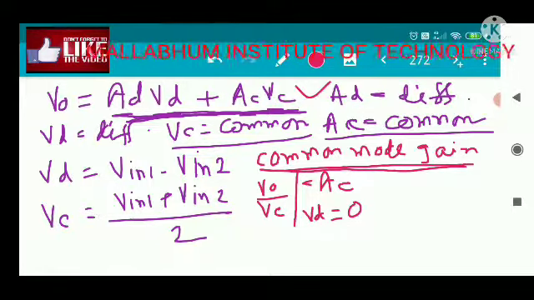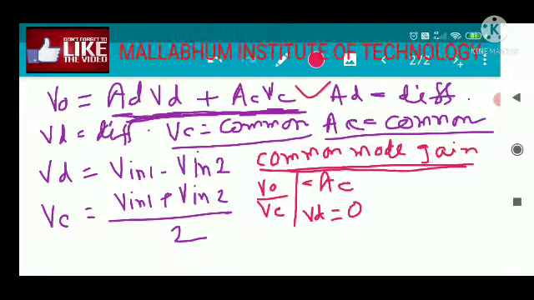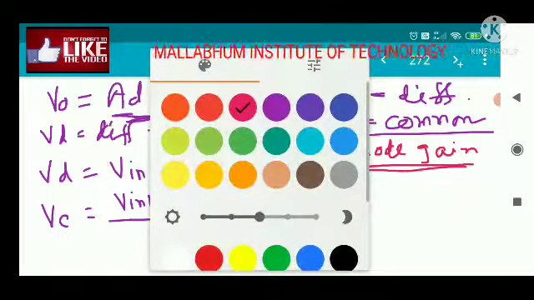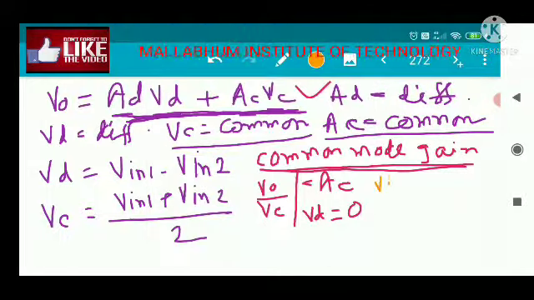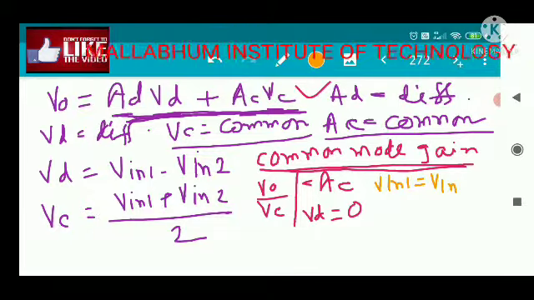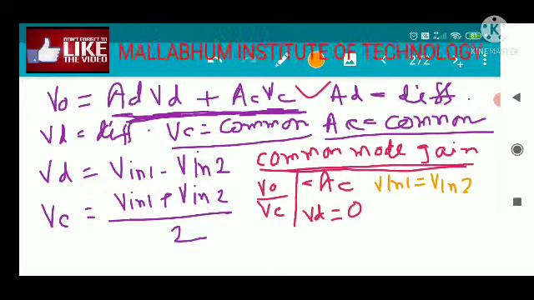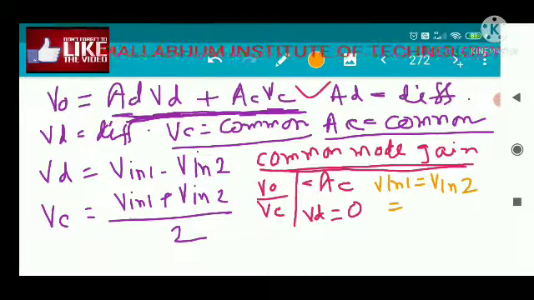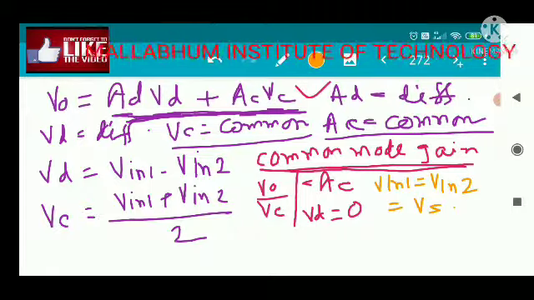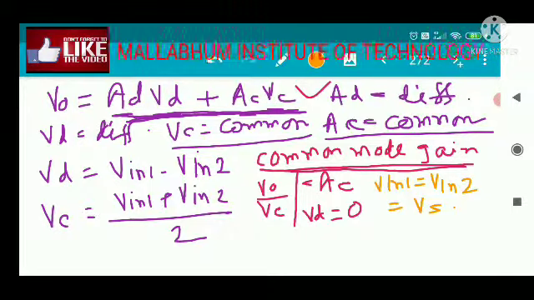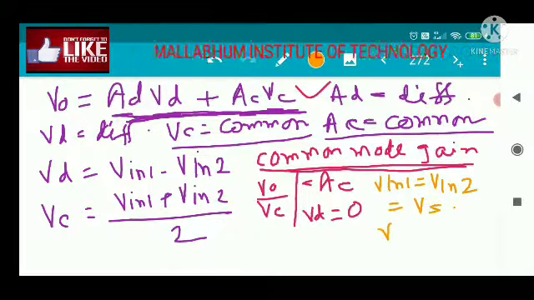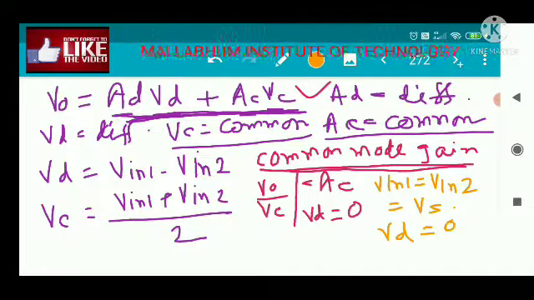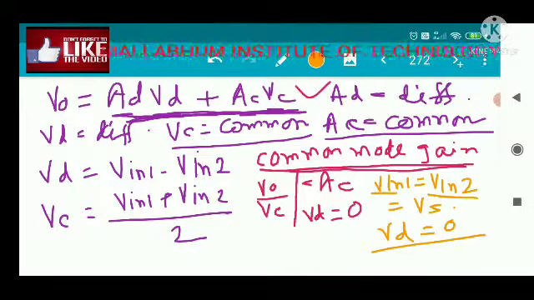In the case of the common mode signal, Vin1 is equal to Vin2. Vin1 equal to Vin2, I have assumed, is Vs. So your VD is equal to 0, because Vin1 equals Vin2 and VD is obviously 0.